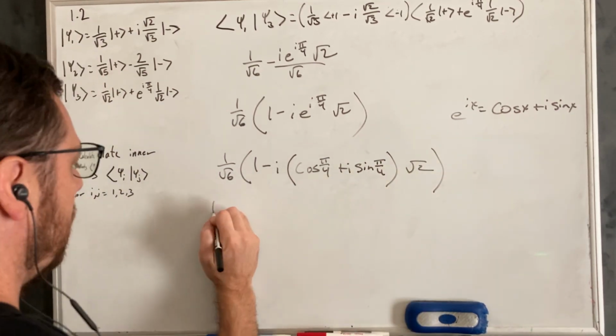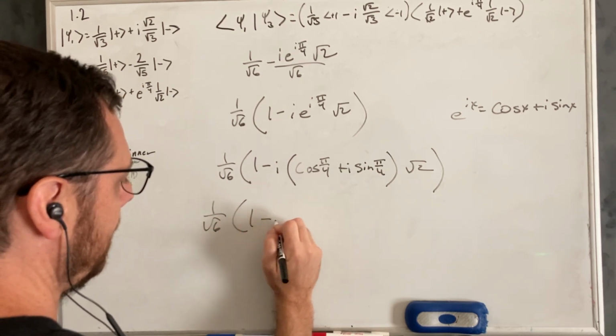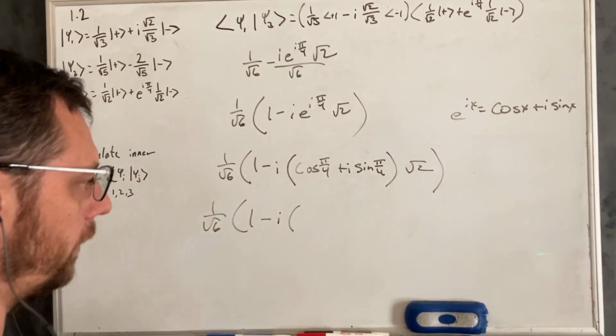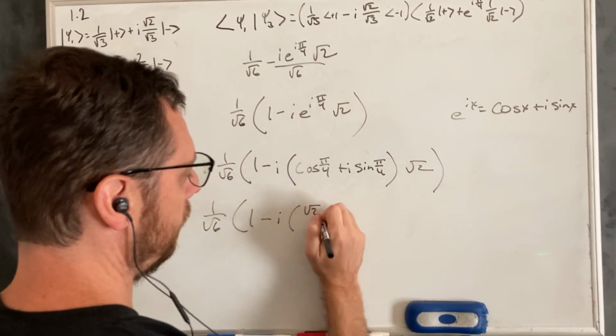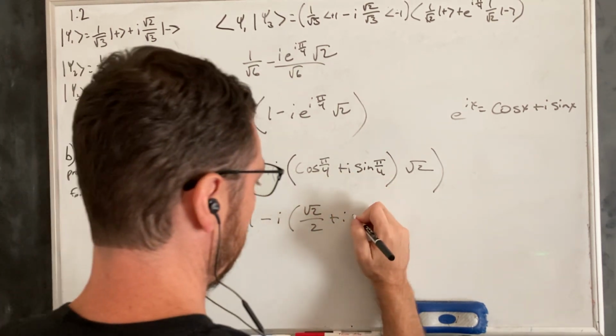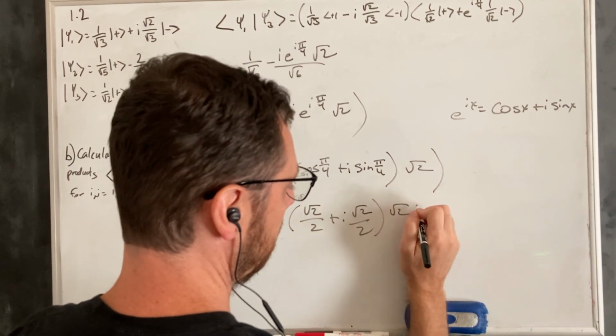Okay. So 1 over root 6 stays the same. Our 1 minus i stays the same. So cosine of pi over 4, if you look at your unit circle, is root 2 over 2. Plus i sine pi over 4 is also root 2 over 2. And then times root 2.